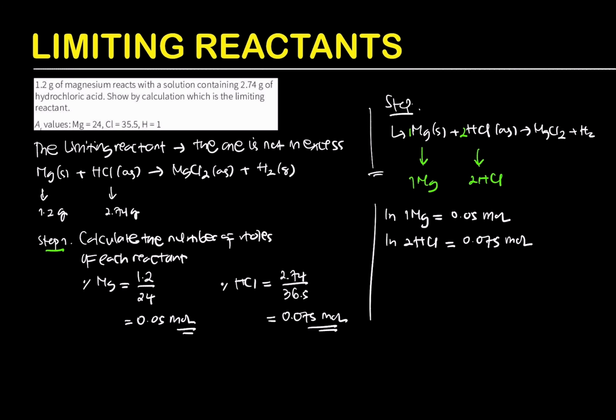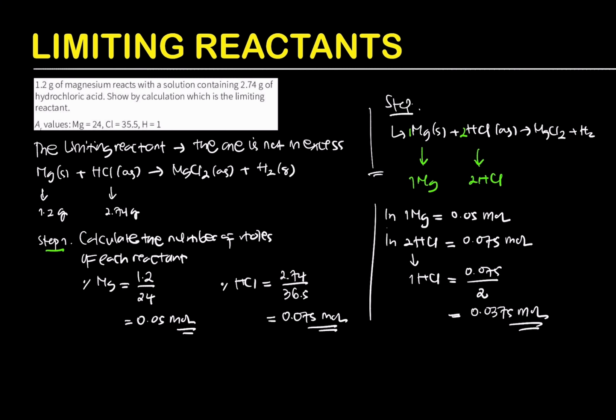So what we can do here is divide this. For 1 HCl, it's going to be 0.075 divided by 2, then it is going to be 0.0375 mole.